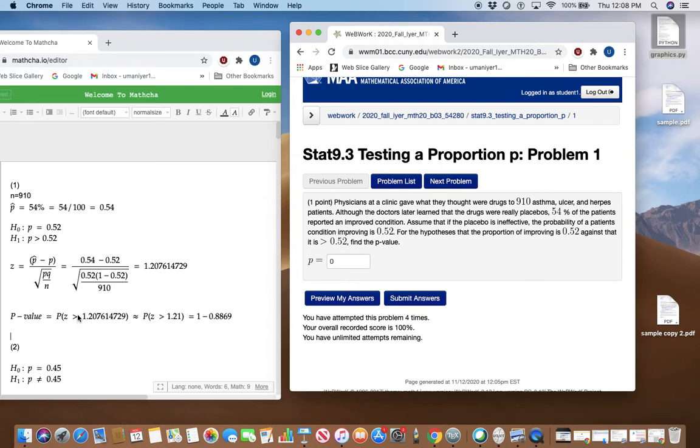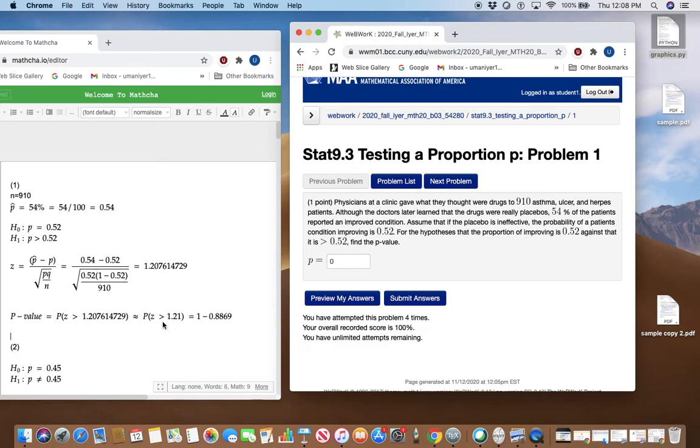Notice this follows the same direction as my alternate hypothesis. I'll approximate to 2 decimal digits. The next digit is 7, so I'll approximate it to 1.21. So that's probability Z greater than 1.21.